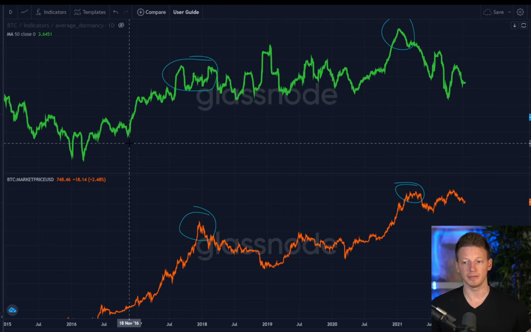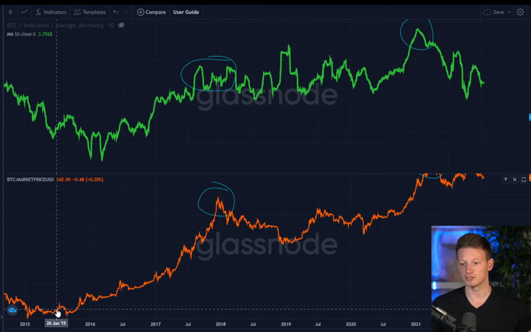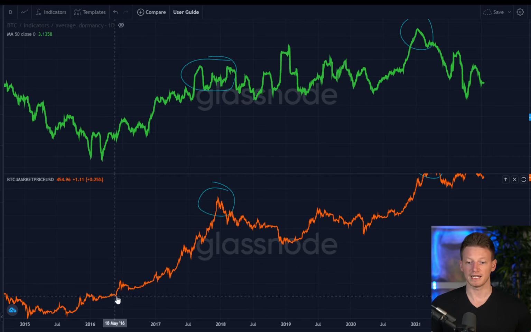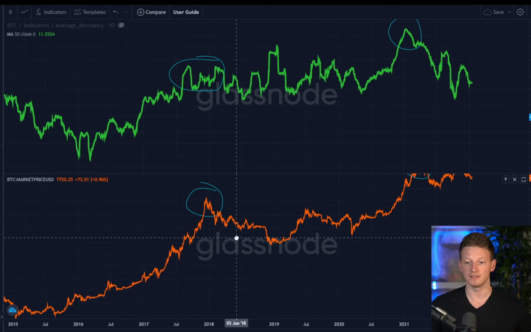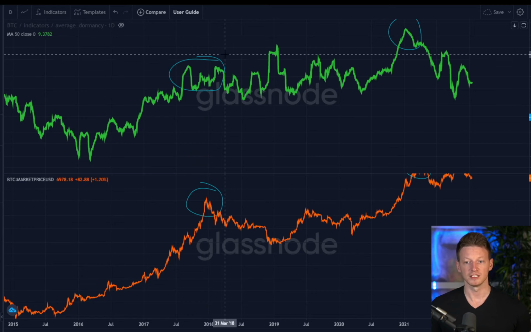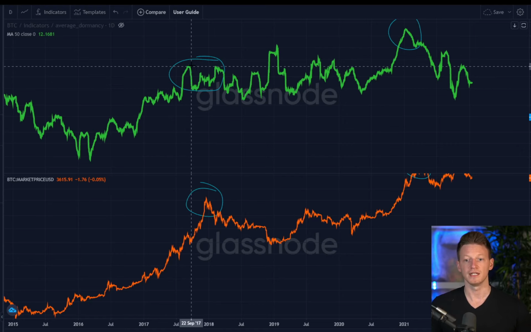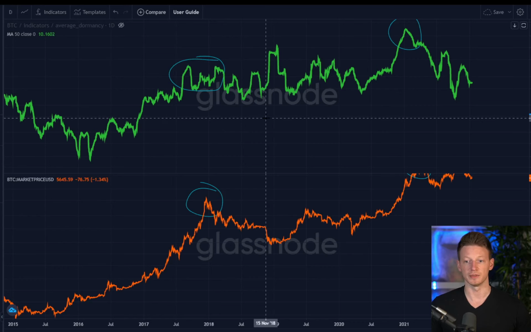If you've been sitting on Bitcoin back at $200 and the market is up here at $20,000, it only makes sense to sell, to take profits. So during those times, lots of coin days are destroyed because you're seeing a lot of old Bitcoins that have just been sitting in a wallet for an extended period of time. You're seeing them mobilized and sold, and therefore you have an increased dormancy.